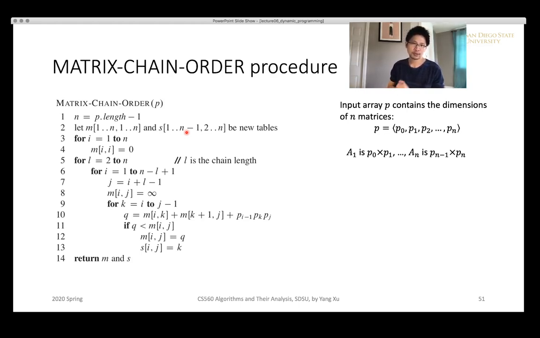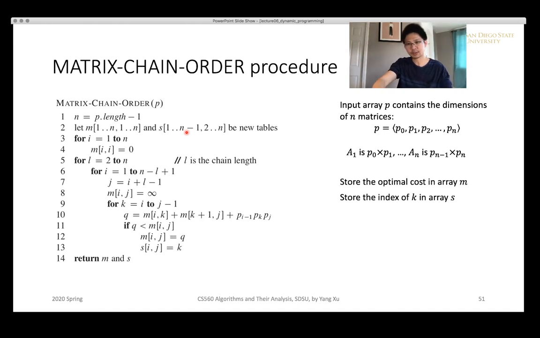Why are we using two tables rather than just m? Because we not just need the optimal cost for the subproblem. The cost is stored in the 2D array m, but we also need to know how we obtain the optimal cost.